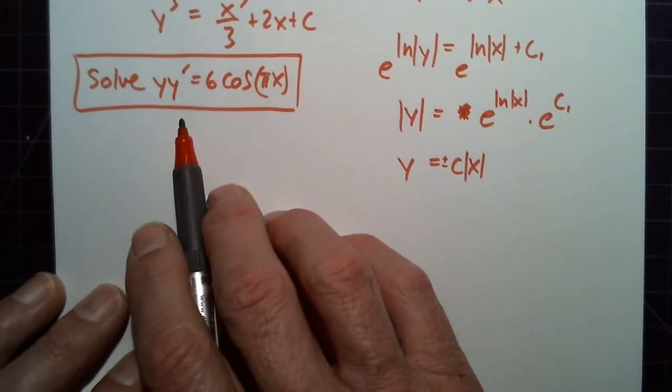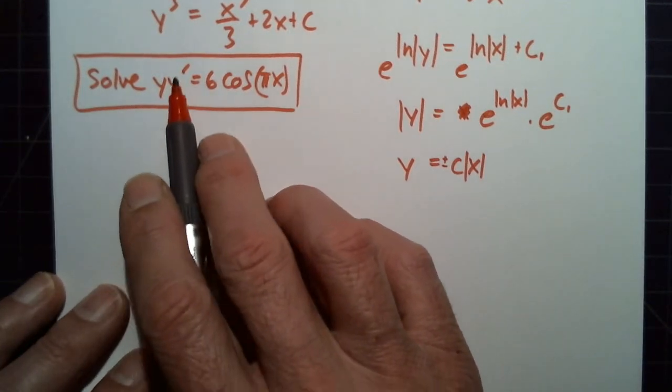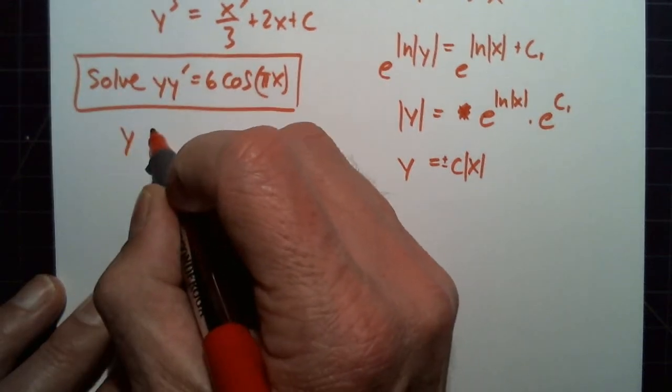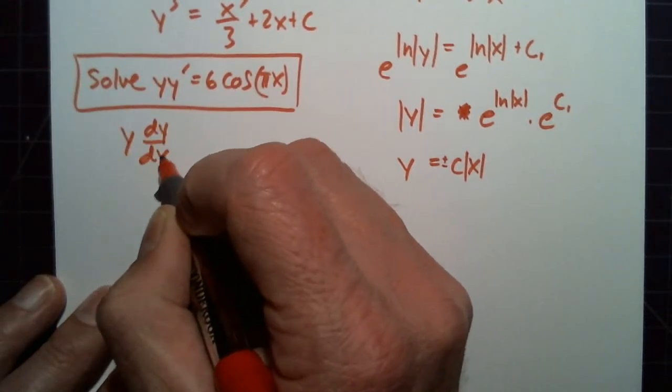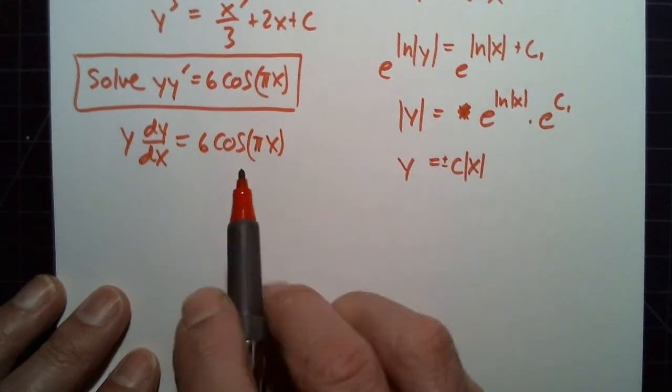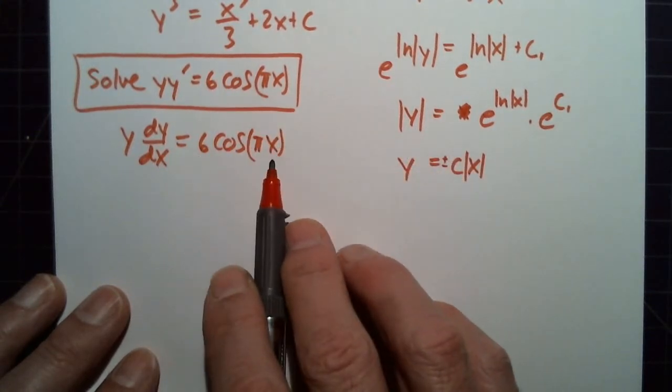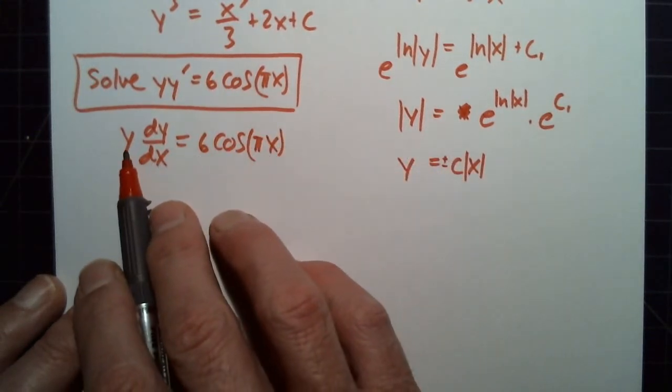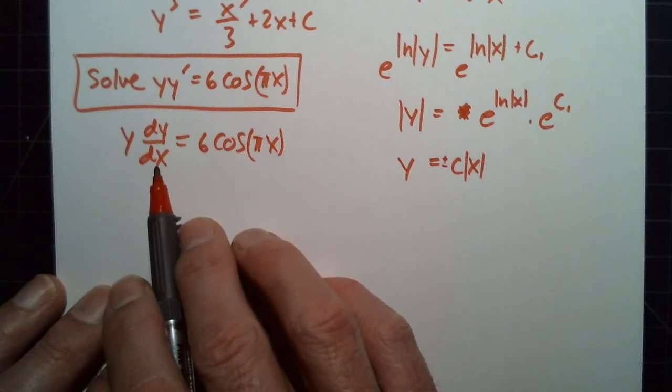Alright, try that one. Pause the video. Let's rewrite y prime as dy dx. And we have x on the right and the y on the left. So all we have to do is move the dx.